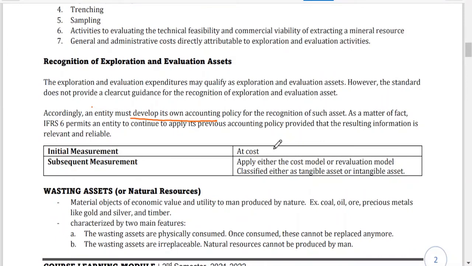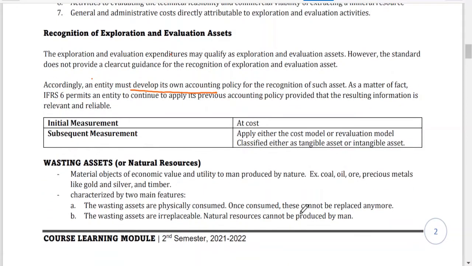The wasting assets, also called natural resources, as mentioned earlier, are mineral resources. These are material objects of economic value and utility to man produced by nature, like coal, oil, or precious metals like gold and silver, and timber. It is characterized by two main features. The wasting assets are physically consumed and they are irreplaceable.